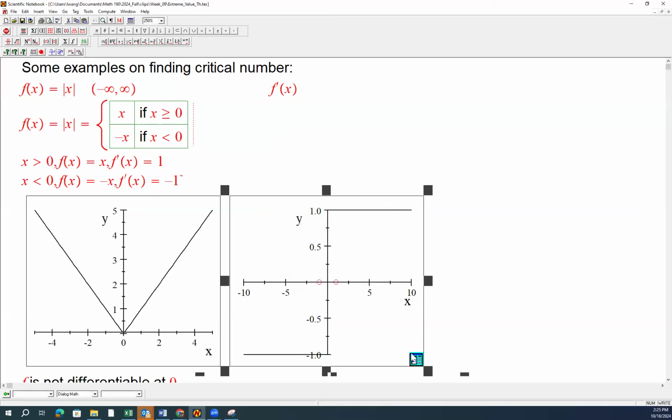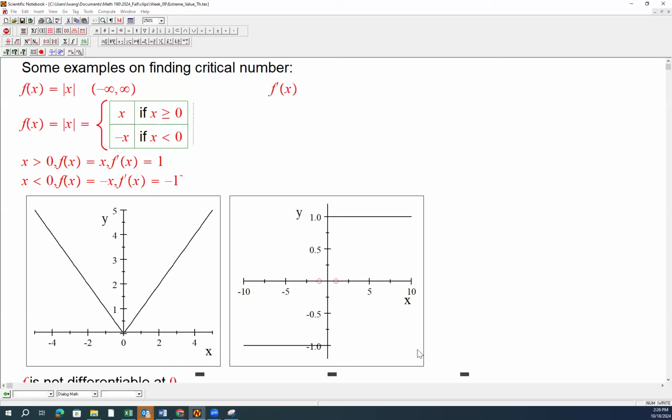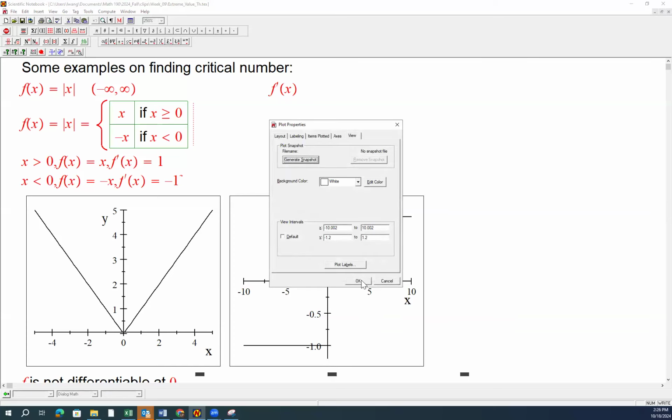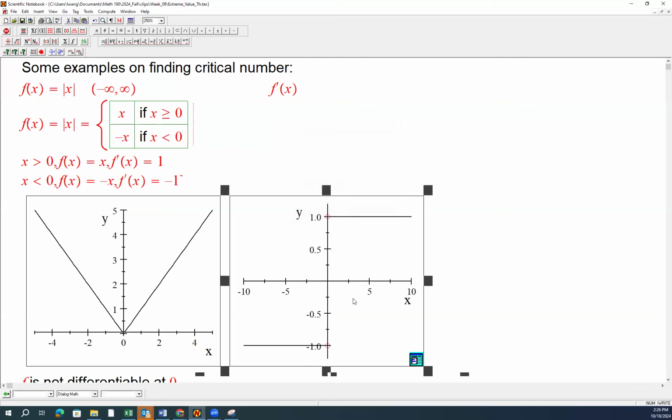There we go. 0, negative 1. 0, positive 1. There we go. So these are the two circles I was going to draw.